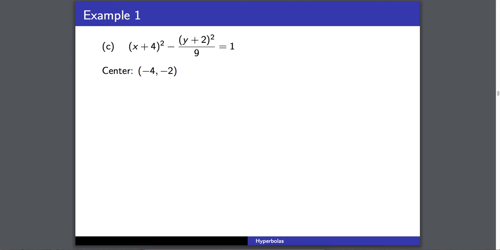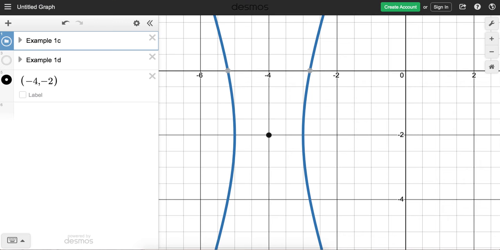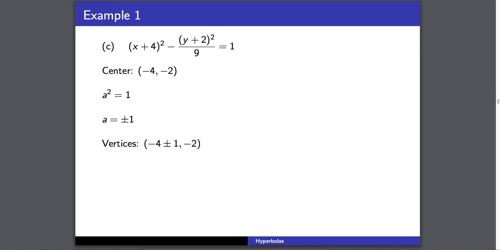If a squared is 1, again, we could put a 1 below the (x + 4)², that means a is plus or minus 1. So we get (-5, -2) and (-3, -2) when we add and subtract 1 from the x-coordinate of our center.